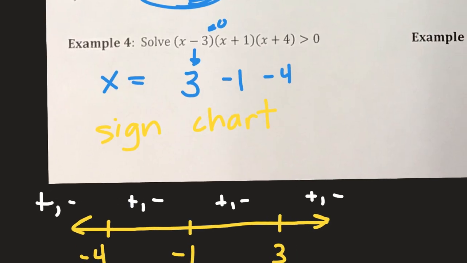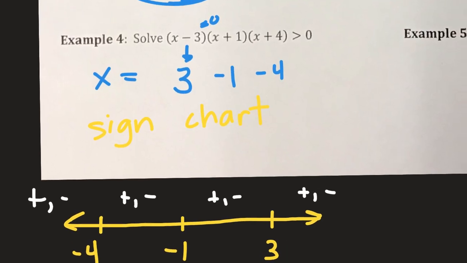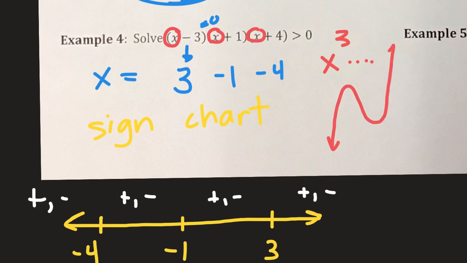So let's talk about our graphical solution here. If I look at my x's, x times x times x, this is an x cubed equation. So think about the graph of x cubed. It has a negative infinity on the left, and then it swoops in and goes off to positive infinity on the right.